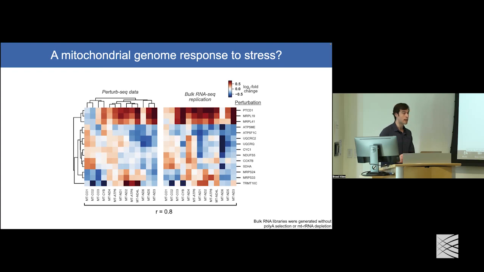So we did a bulk RNA-seq experiment that targeted a subset of perturbations, with no polyA selection in this bulk experiment. And we found a correlation of 0.8 between the single cell changes and the bulk changes. So these changes to mitochondrial gene expression are absolutely real.